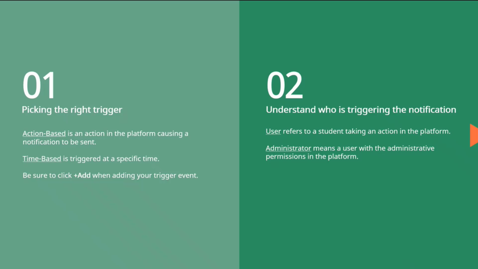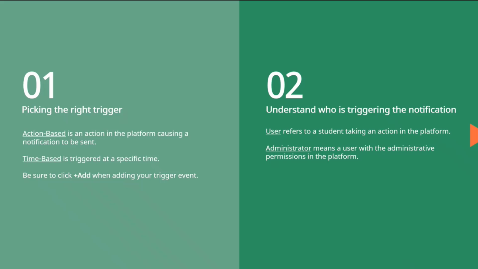The second is understanding who the trigger is that's notifying. There are two main people that can trigger the notifications. When we think of users, we think of basic users, your students.